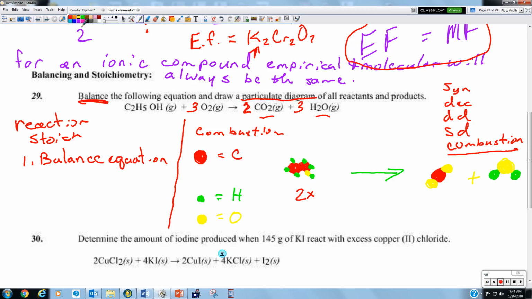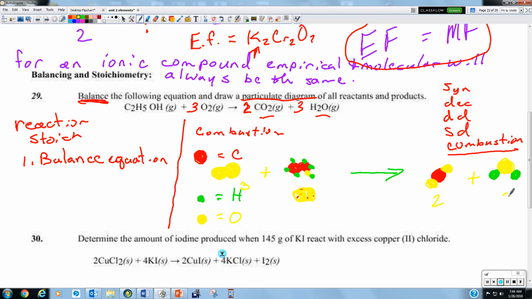And I forgot to draw my plus O2 over here. So I'm going to do this plus. All right, so we had 3 of these. We only had 1 of these. Sorry, we had 2 of these.